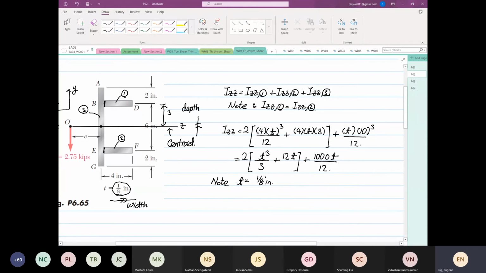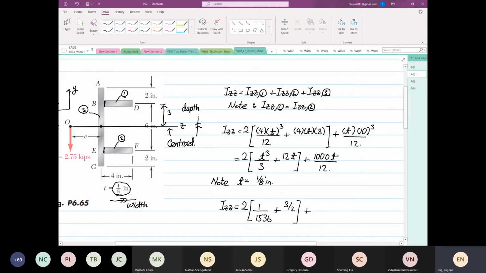So IZZ, now if we include the 1 over 8, so twice, 1 over 8 power 3 divided by 3, is equal to 1 over 1536, plus 12 times 1 over 8 is equal to 3 over 2.